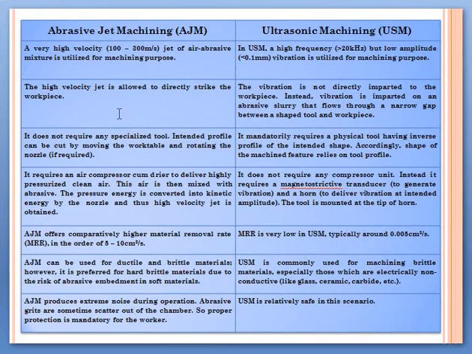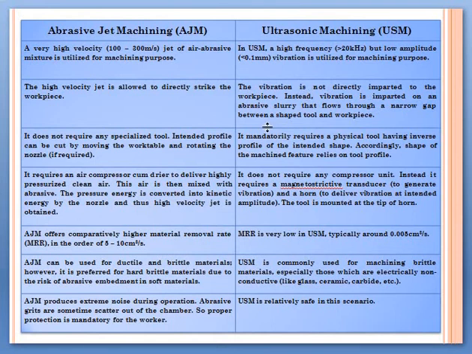In abrasive jet machining, a high velocity jet is allowed to directly strike the workpiece. In ultrasonic machining, the vibration is not directly imparted to the workpiece, but is given to the abrasive particles, and those abrasive particles are imparted on the workpiece.